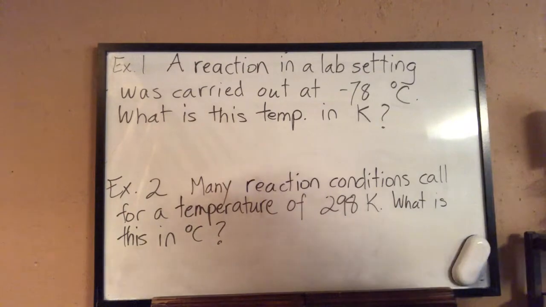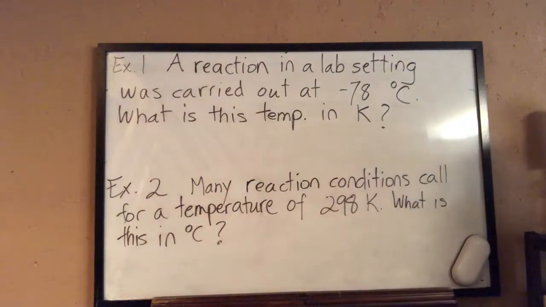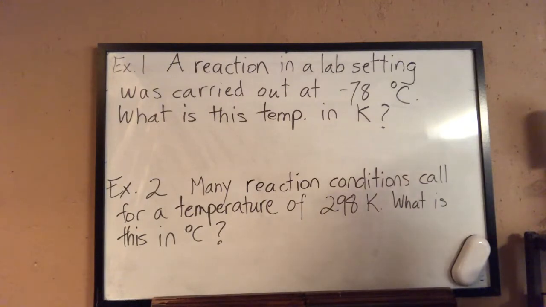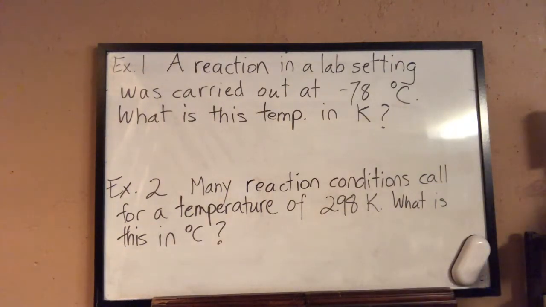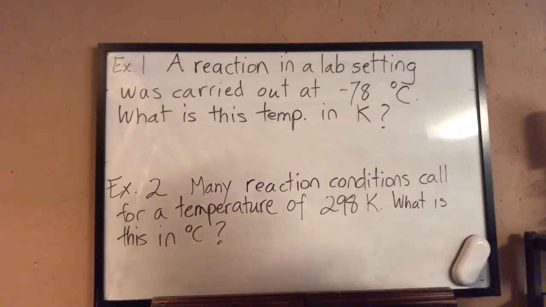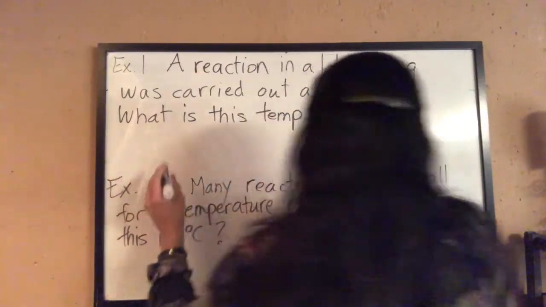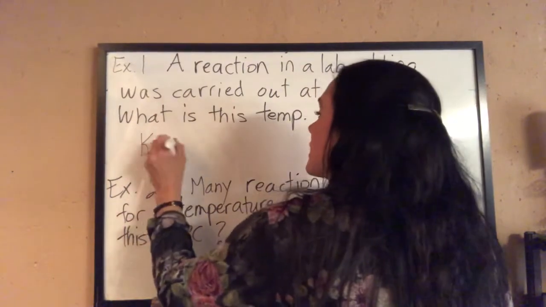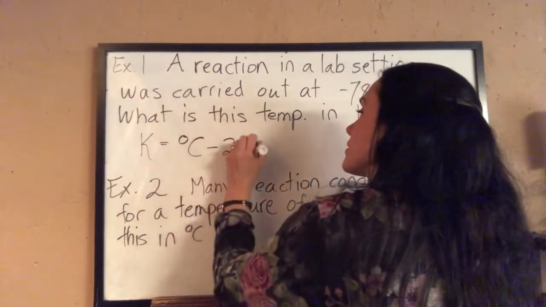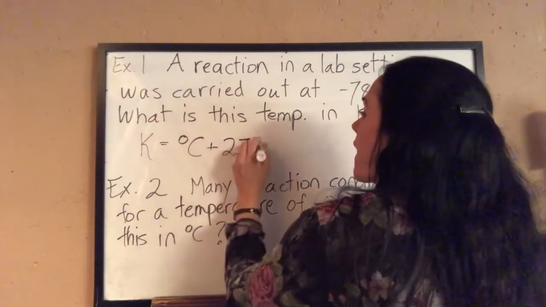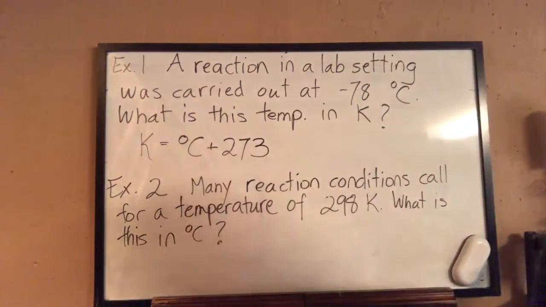All right, let's just do quick calculations. A reaction in a lab setting was carried out at negative 78 degrees Celsius. I was just telling you about that. It was a real life scenario for me once upon a time. What is this temperature in Kelvin? Take the Celsius temperature and add 273.